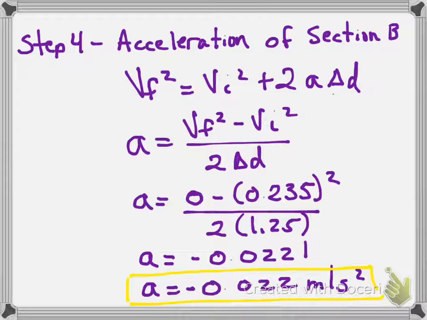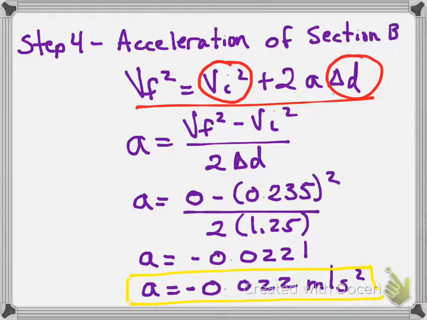Because we can do that, we can now figure out the acceleration rate of section B, and that's what's happening in step 4. In step 4, I am going to rearrange this formula because I know the distance, or displacement, of section B, and I know its now initial velocity, which is derived from section A's final velocity. I know my final velocity of section B is going to be 0 because it's coming to a rest.